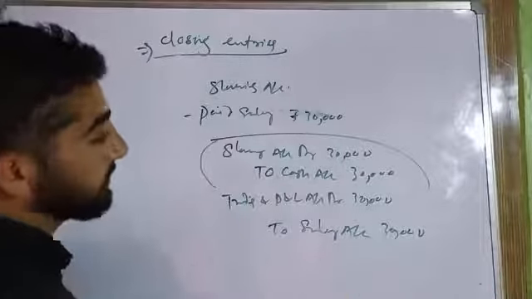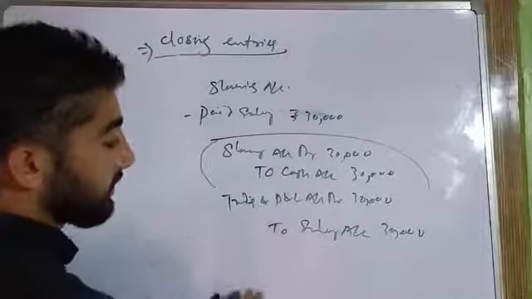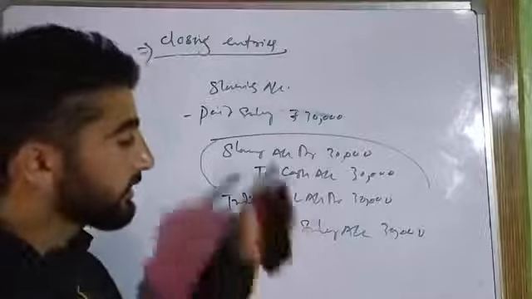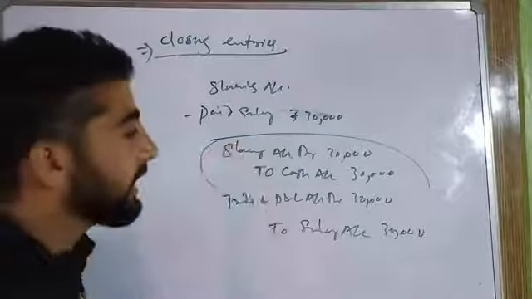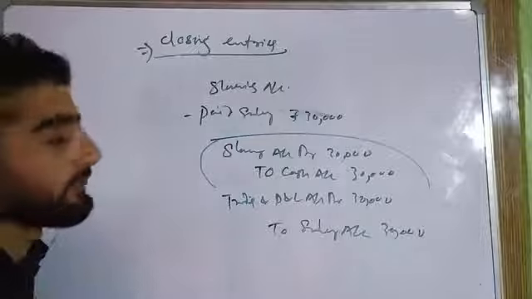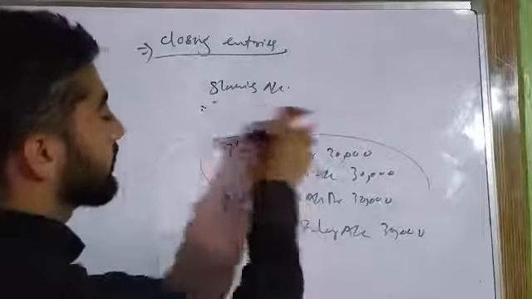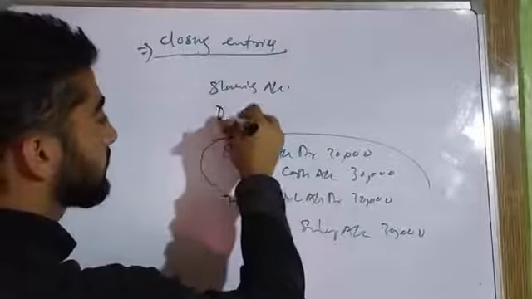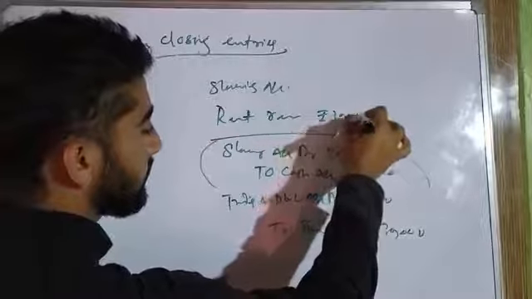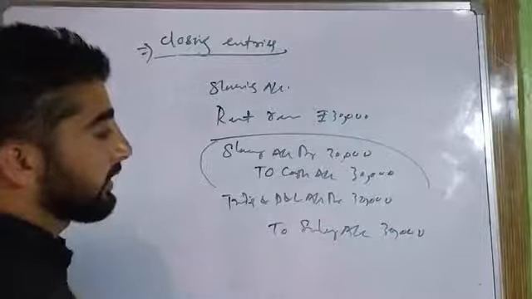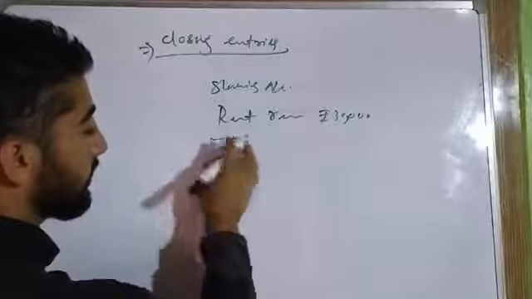This was the example of an expense. If this is an income, if some income is recorded in the journal, for example, rent received rupees 30,000. If we record this transaction in the journal, how will we record it?